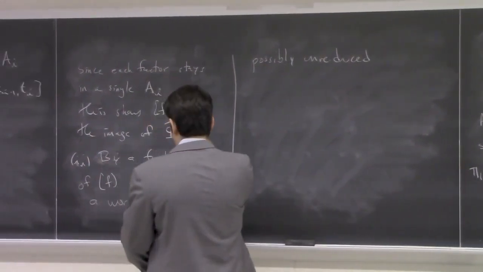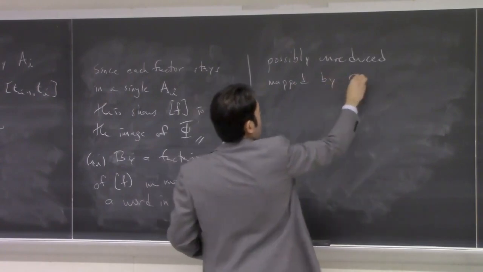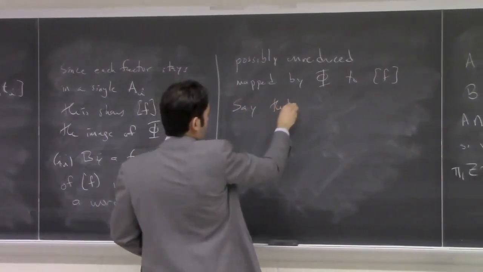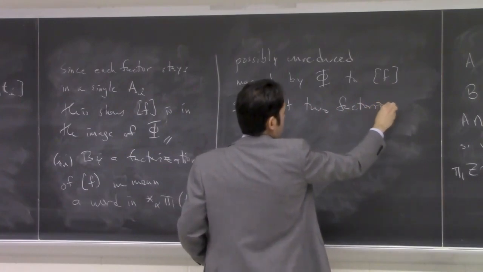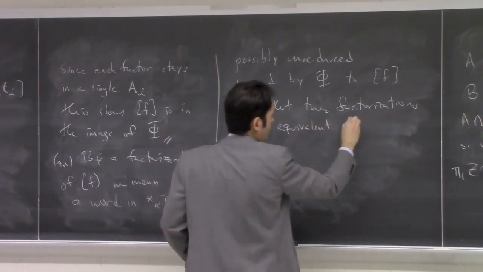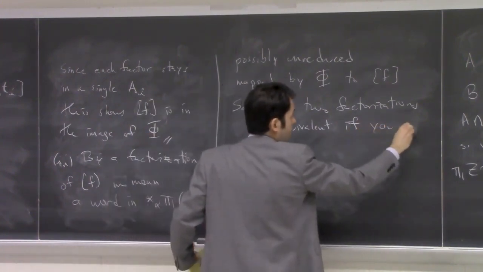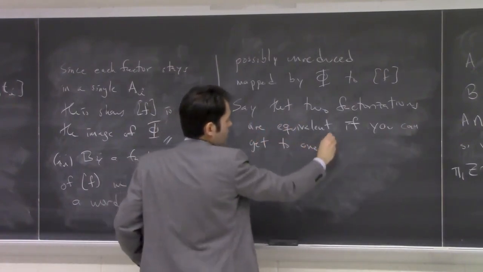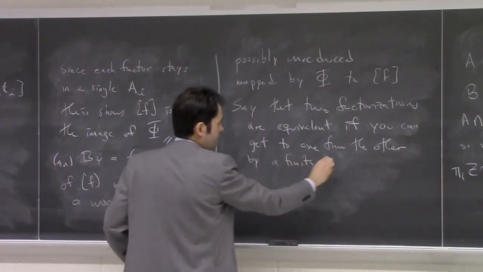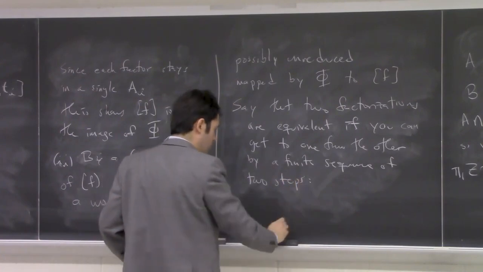OK. So by a factorization, we mean a word like that gets mapped by phi to F. And we're going to say that two factorizations are equivalent if you can get to one from the other by a finite sequence of two allowable steps.